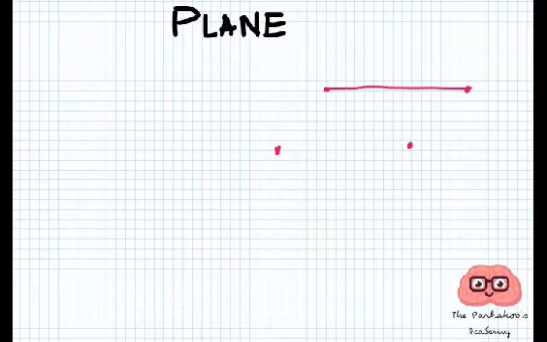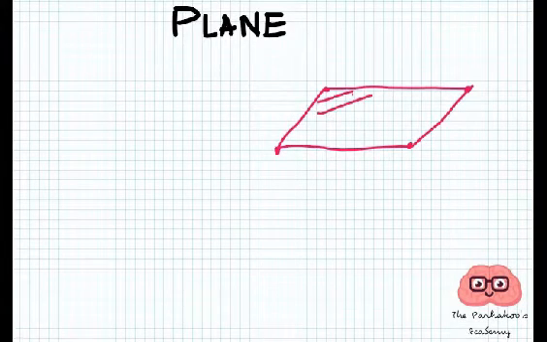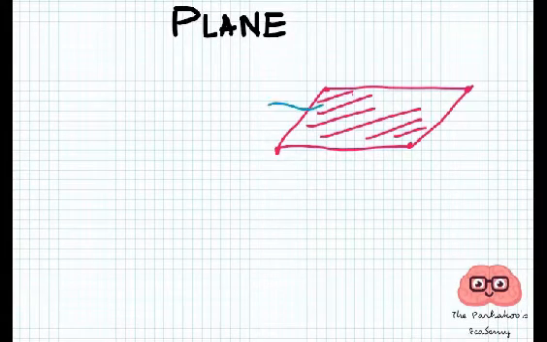Now, if I join these non-collinear points, non-collinear means that they are not on the same line, they create a flat surface. This flat surface in geometry is of great importance, and this is known as a plane.